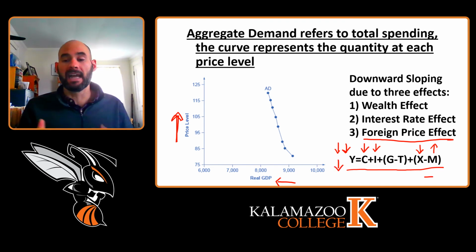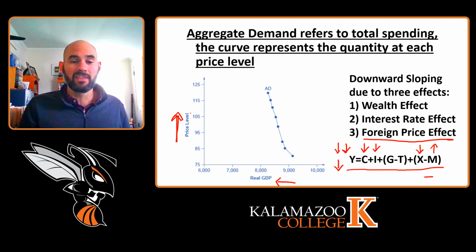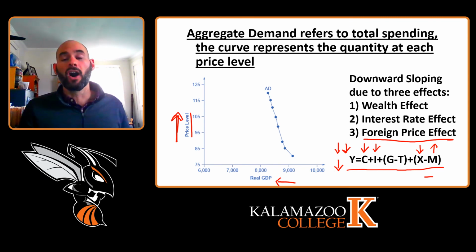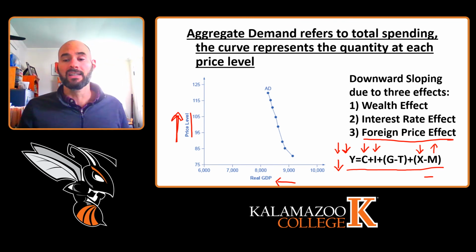So you want to be able to connect these dots and think that this price level here measures prices throughout the economy, and that higher prices are going to have negative effects on consumption, on investment, on expenditure, and a positive impact on imports relative to exports.